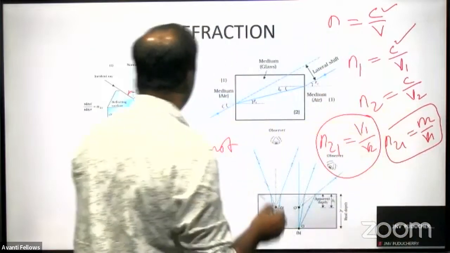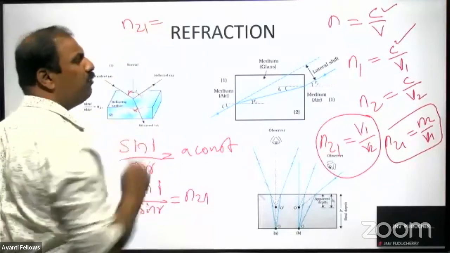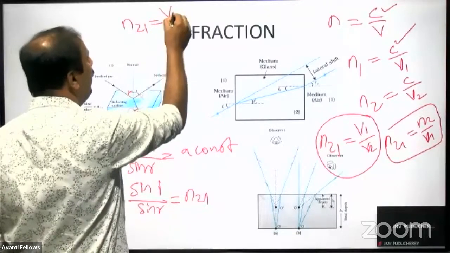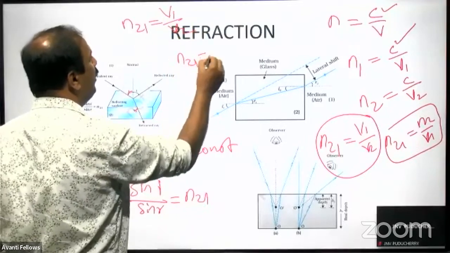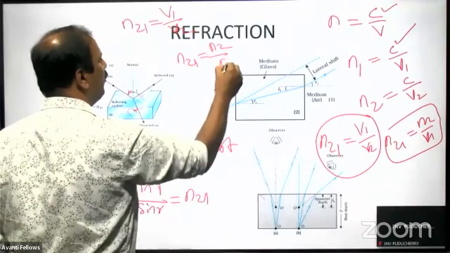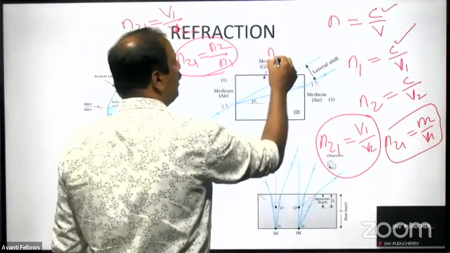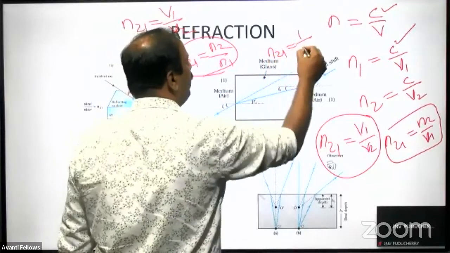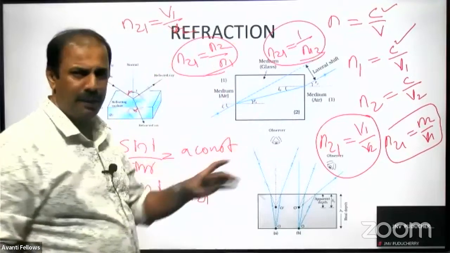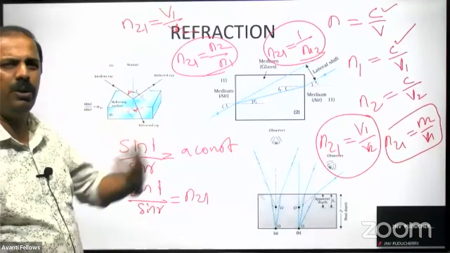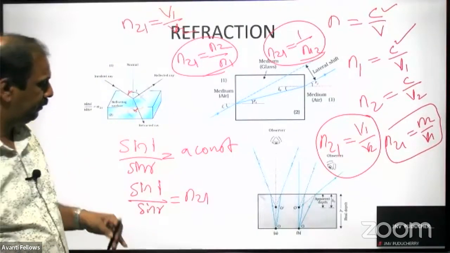That is, when you take n21 in terms of velocity, it is v1 by v2. When you take it in terms of refractive index, n21 is equal to n2 by n1. Another usually used one is n21 is equal to 1 by n12. All these things you will use. I'm just telling this, not in order, because you already studied all these things in 10th standard. Now we will come to our point.